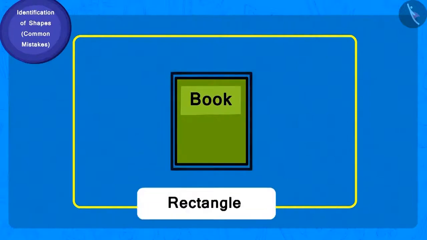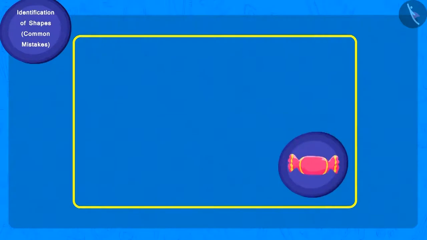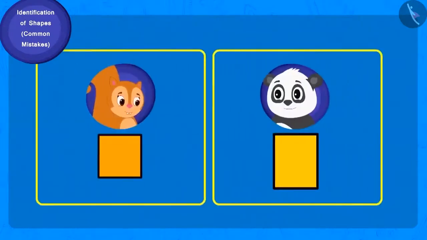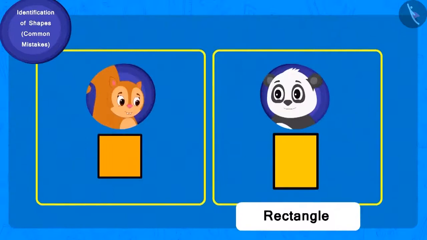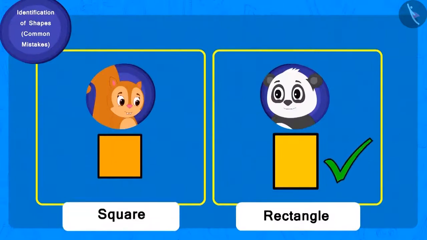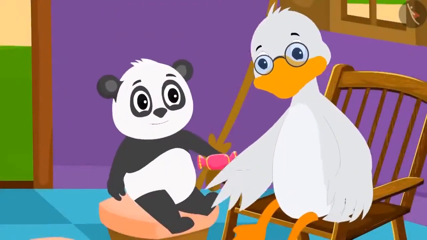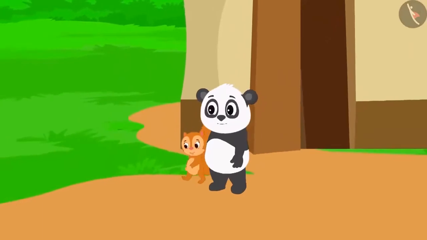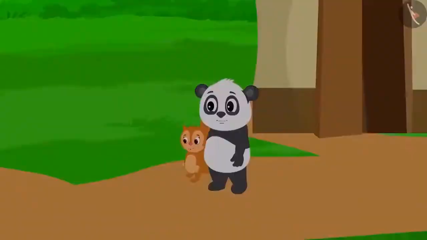The shape is rectangle. So, who will get the toffee? Golu. So, Golu's answer, a rectangle, was absolutely right. And Chanda's answer, square, was incorrect. Chacha gave Golu the toffee. And Chanda and Golu happily went back to their homes.